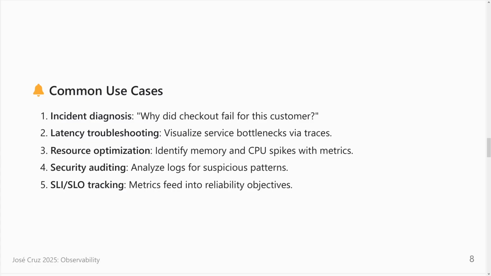And SLI and SLO: tracking metrics that feed into reliability objectives. SLI and SLO are very related to the site reliability engineering that I previously talked about. If you read the book, you'll understand this is a service level indicator, and this is a service level objective.